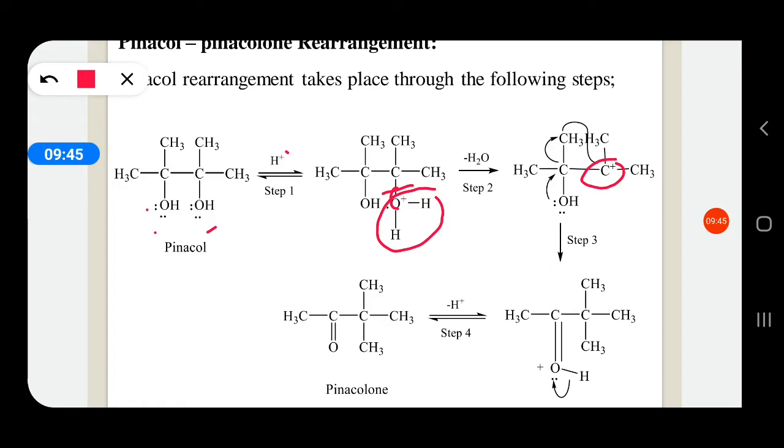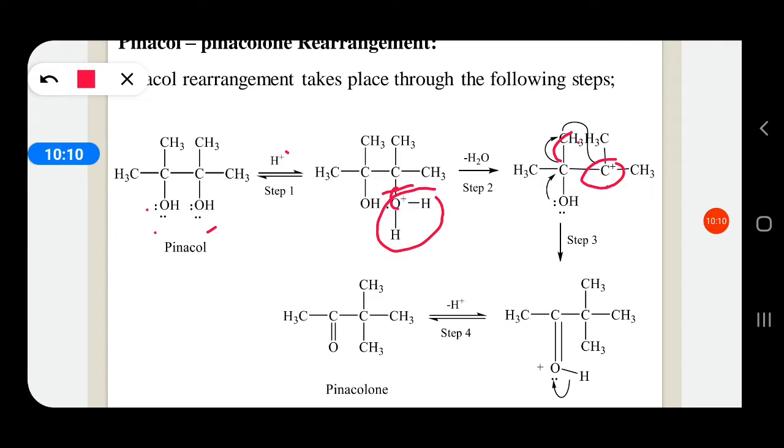When this carbon gets a positive charge, it becomes somewhat unstable. So the lone pair electrons present on the oxygen are given to the carbon-oxygen bond, and the carbon-CH3 bond electrons are given to CH3.